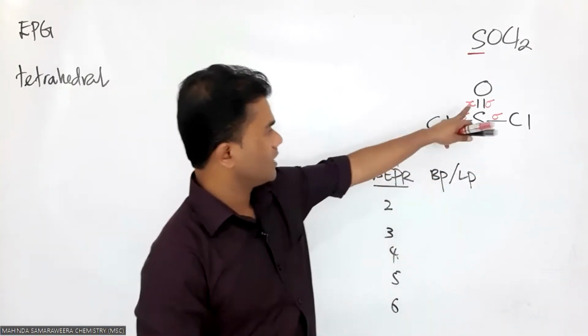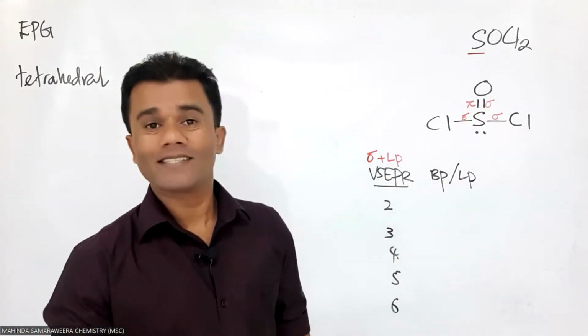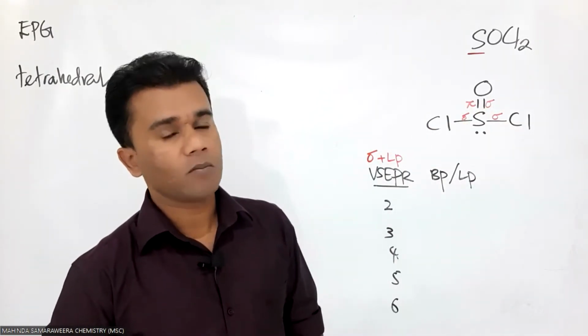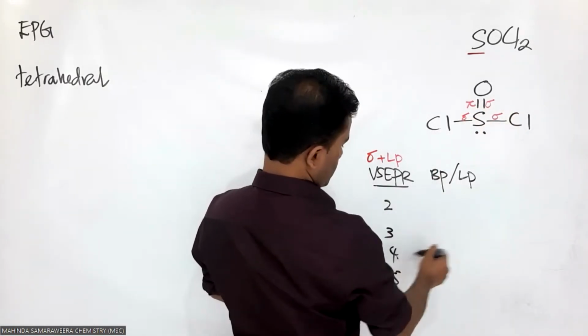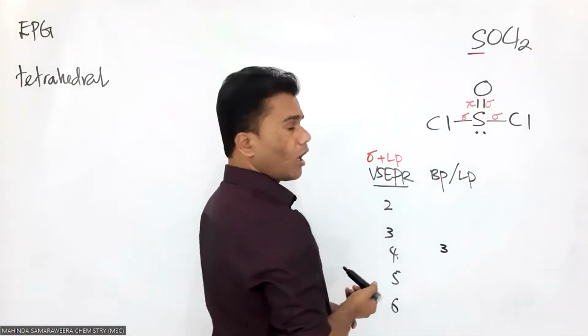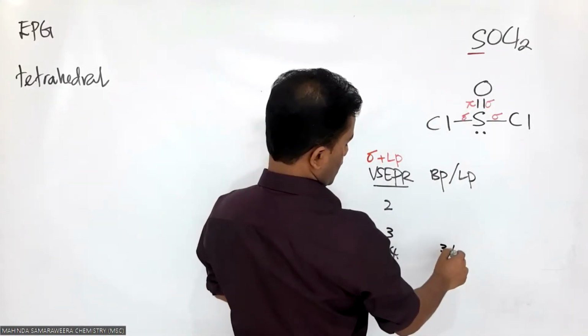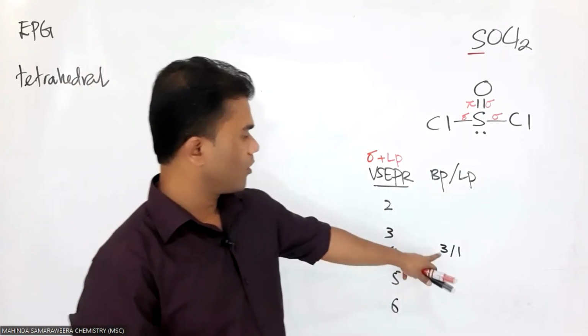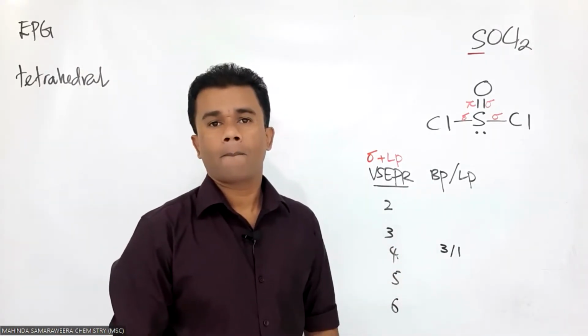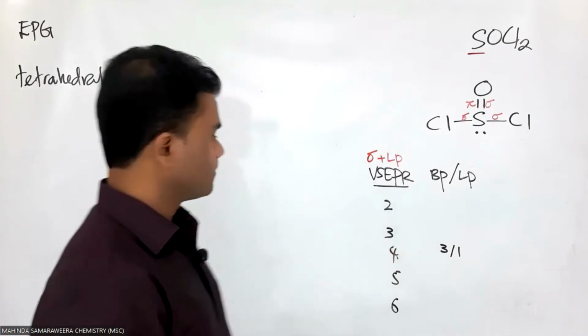As you can see here, there is a double bond. Here also we consider only the sigma bonding pairs, not the pi bonding pairs. So how many sigma bonding pairs do we have? We have 3 sigma bonding pairs. How many lone pairs? 1 lone pair. So 3 bonding pairs and 1 lone pair, total 4.